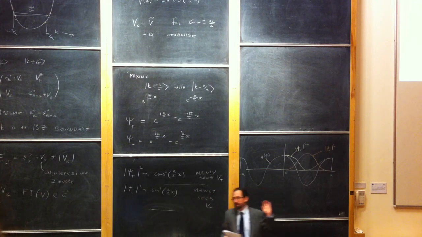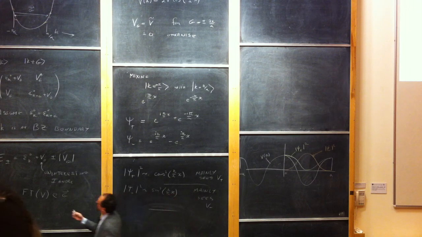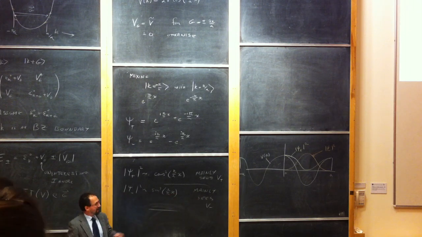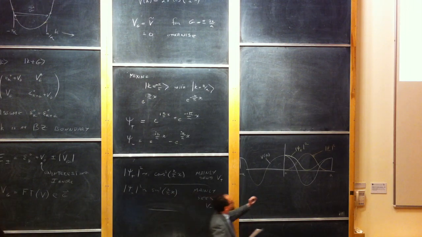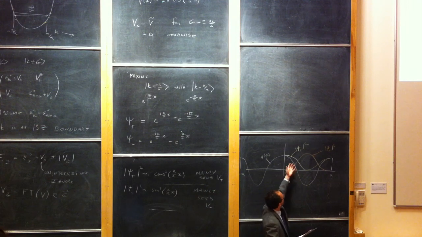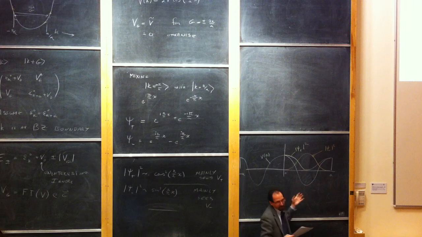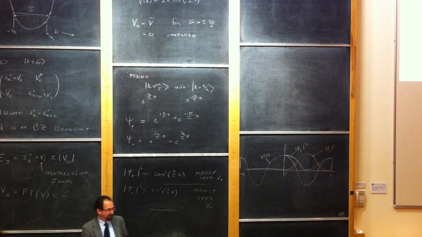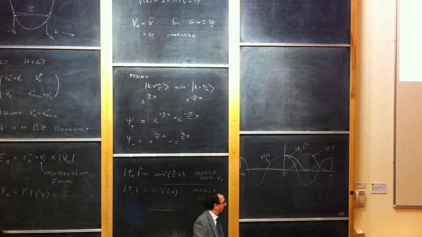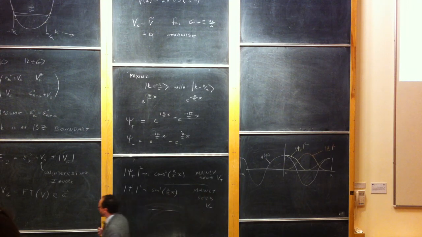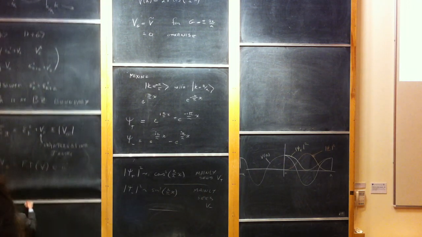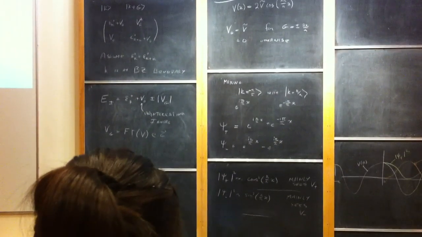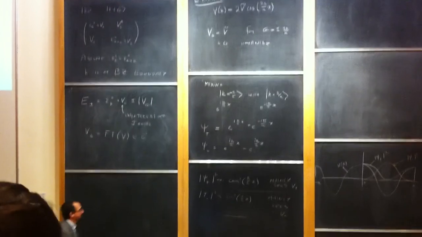The combination of these two plane waves makes two combinations, one which gets a maximum amount of energy by putting most of its amplitude on the positive part of the potential, and one which gets a minimum energy by putting most of its amplitude on the negative part of the potential. That gives us some intuition for why these two states split from each other, one going up and one going down. Okay? Good? Happy? All right.